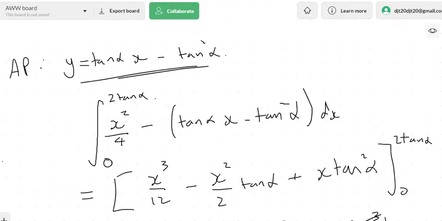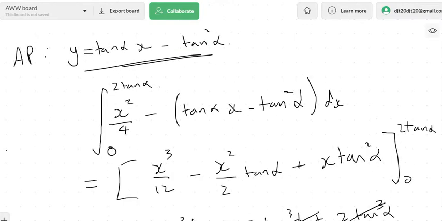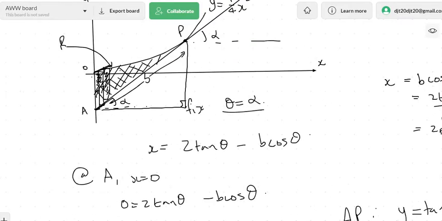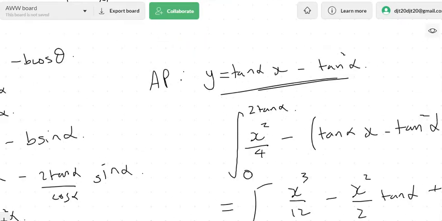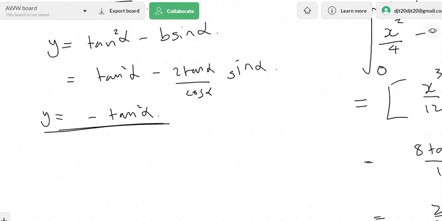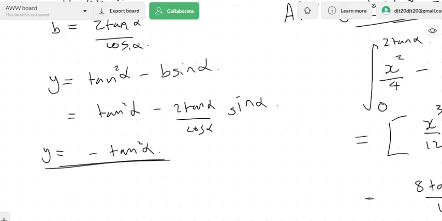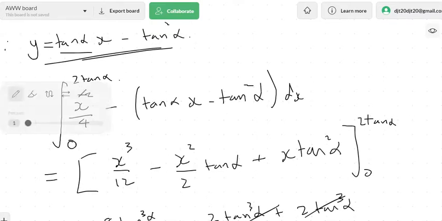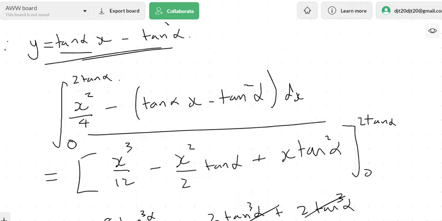Then we find the equation for the line AP. How did we do that? We knew this was the gradient, and then we got the y-intercept, which is minus tan squared alpha. Then we put that into this integral here, which gives us the area that we're after.